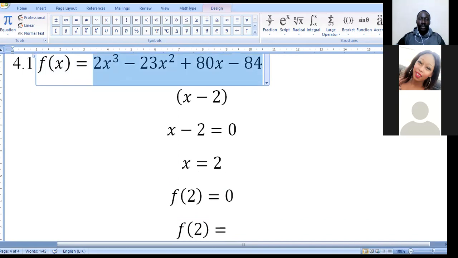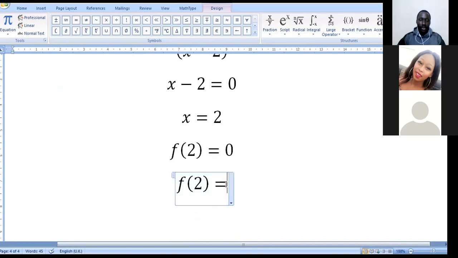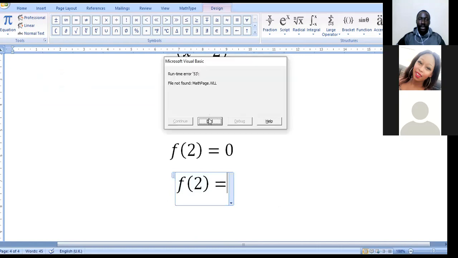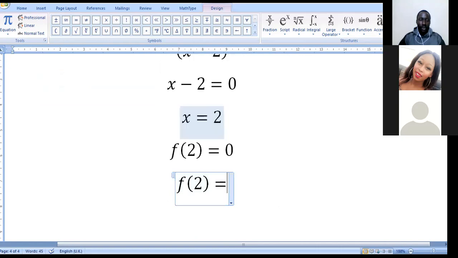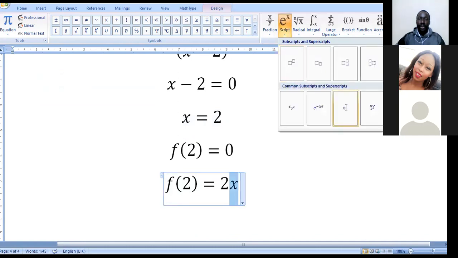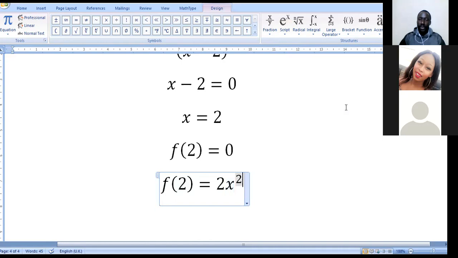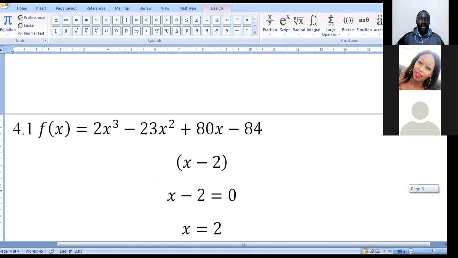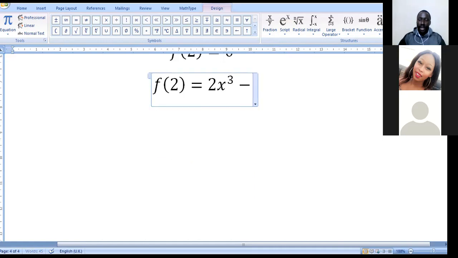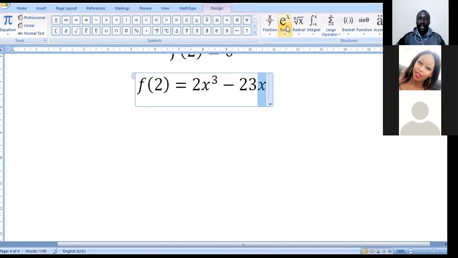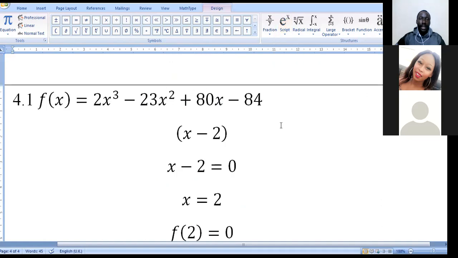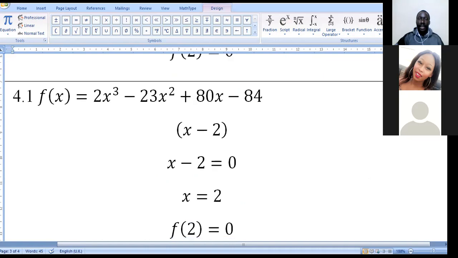Otherwise, 2x cubed would be the first term to be written down. So we now write 2x cubed minus 23x squared, then the next term is plus 80x minus 84.